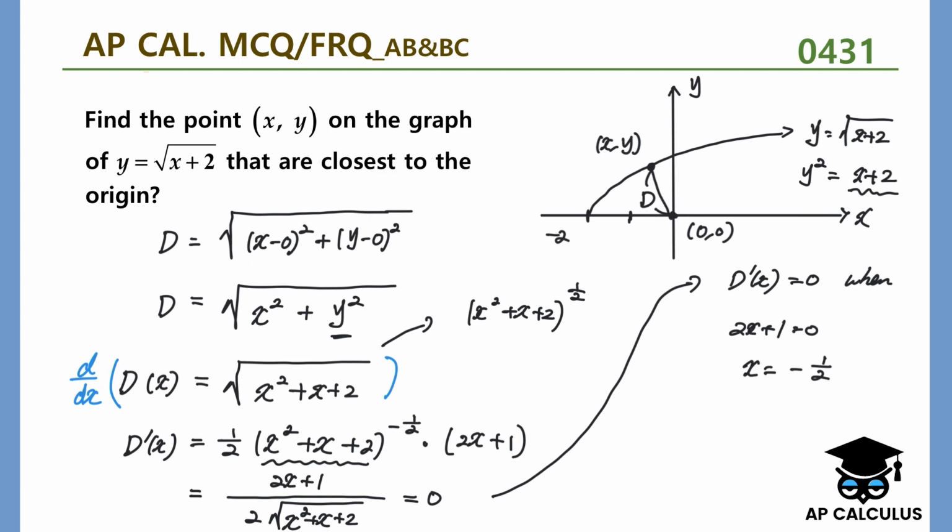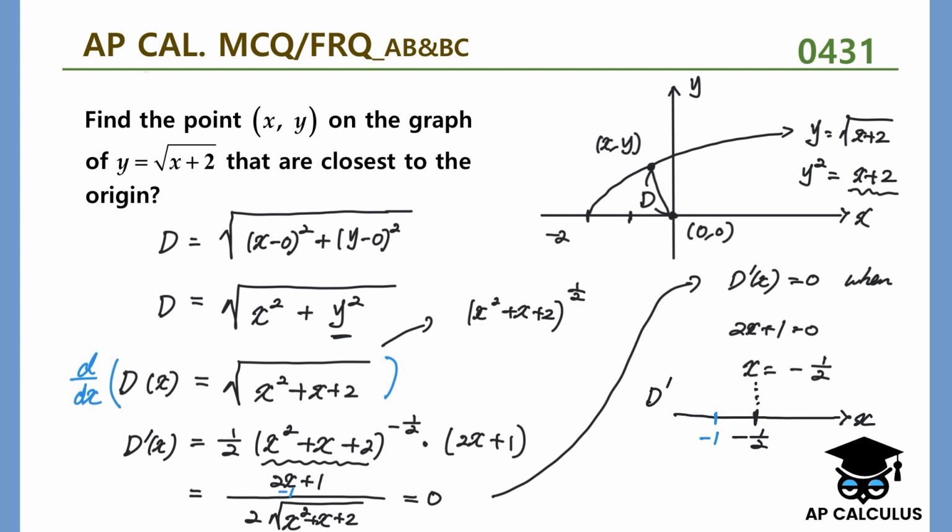But if you want to do the first derivative test, you can always do that, okay? Here's x, so negative 1 over 2 here. And let's look for the sign of the d prime. When x is, let's say, negative 1, if we substitute negative 1 for x, then d prime will be negative, right?